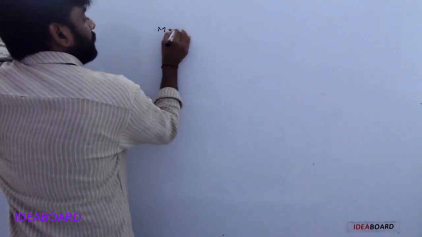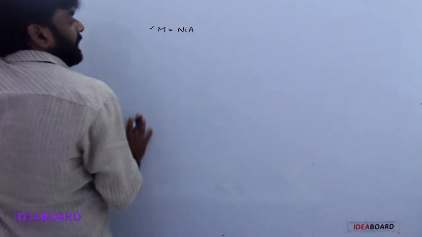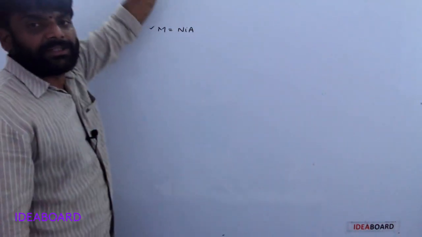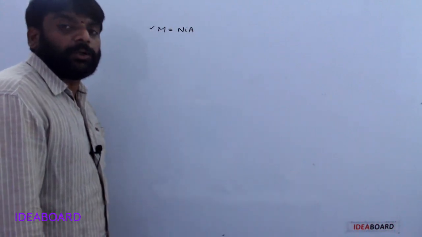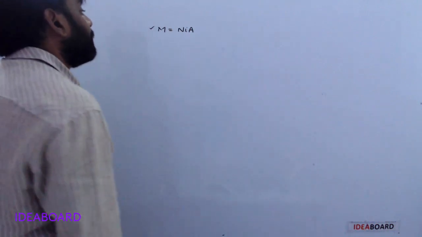M is equal to n I A, the magnetic dipole moment. It is also discussed in electricity, where the dipole field is 1 by 4 pi epsilon naught, 2p by x cube.